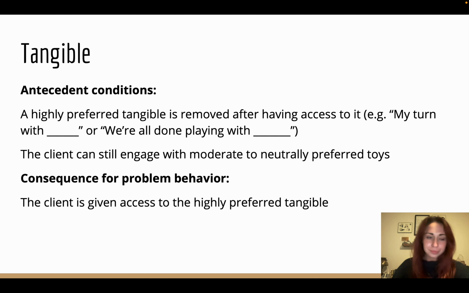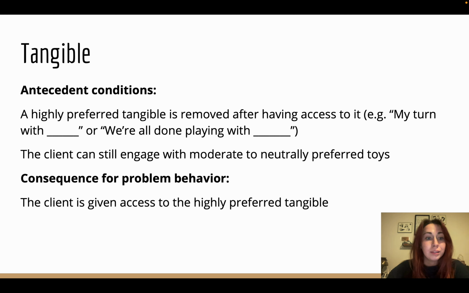The last condition is the tangible condition. The antecedent conditions for this would be the client is playing with a highly preferred tangible or toy, and the clinician would remove it from the client, saying something like, "Oh, can I have a turn with the toy," or "We're all done playing with the toy."